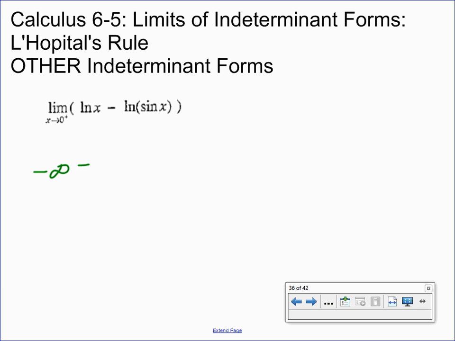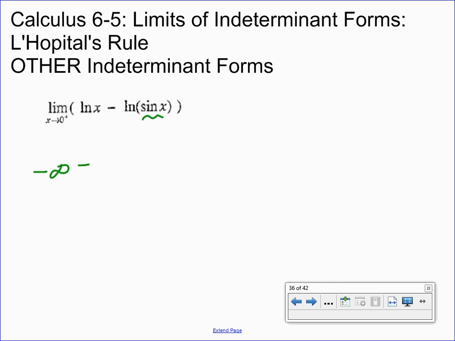Minus the natural log of sine of x, as x goes to 0, right? As x goes to 0 from the right, sine of x would be approaching 0 from the right, which means that ln of a quantity approaching 0 from the right is also negative infinity.